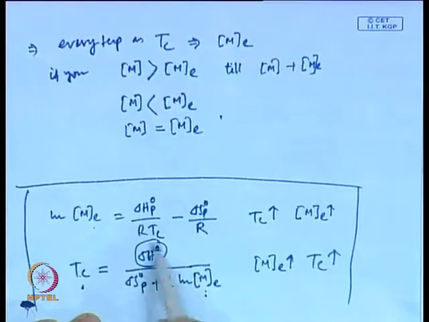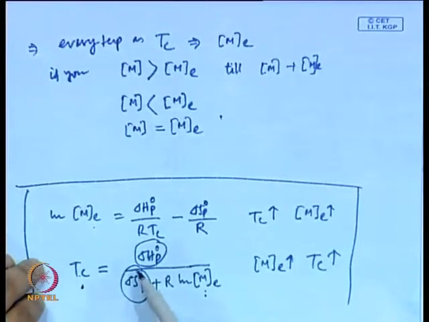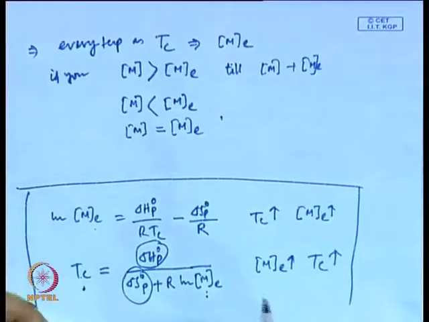As we can see, the Tc value, or the relation between Tc and Me, depends on the values of DelH and DelSP. And as I discussed at the last part of my lecture, the delta S between polymer and monomer is basically the change in entropy due to translational motion, vibration or rotational entropies, and the rotational and vibrational entropies of the monomer lost due to polymerization are actually gained in the polymer.